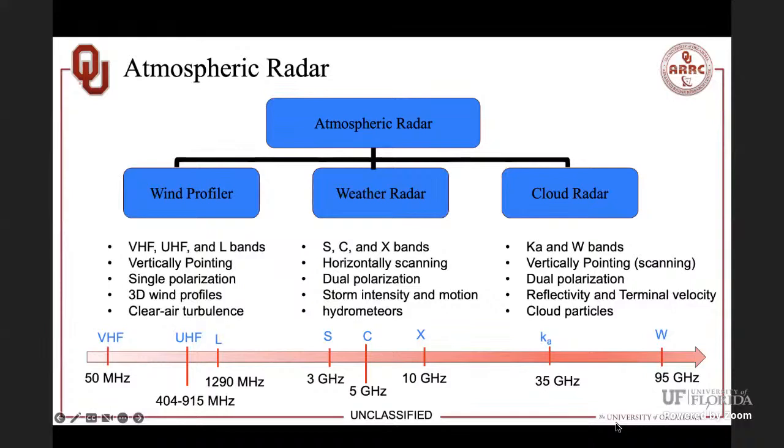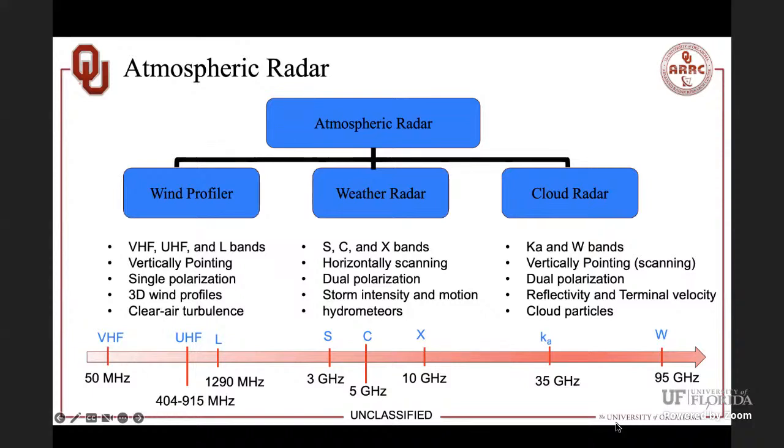The wind profiler is basically a much lower frequency, which typically means it's much larger. It does not spin around. It just sits on the ground and looks vertically. Sometimes you do several beam steerings to get the wind. So it gives you the wind profile, like the name indicates, just above the radar system.